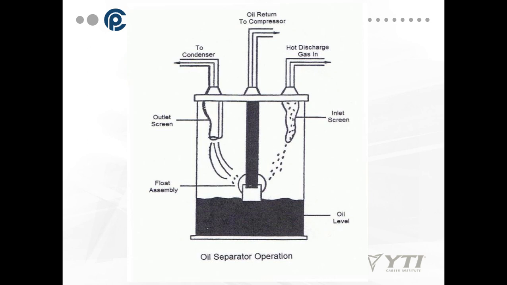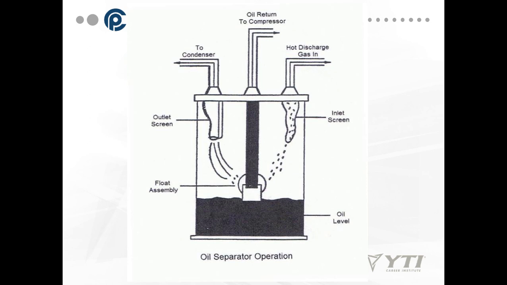So what we do is we have the hot discharge gas coming in from the compressor, okay? We then pull the oil out because the oil separates to the bottom, and we send the non-oil to the condenser, and we return the oil to the compressor.